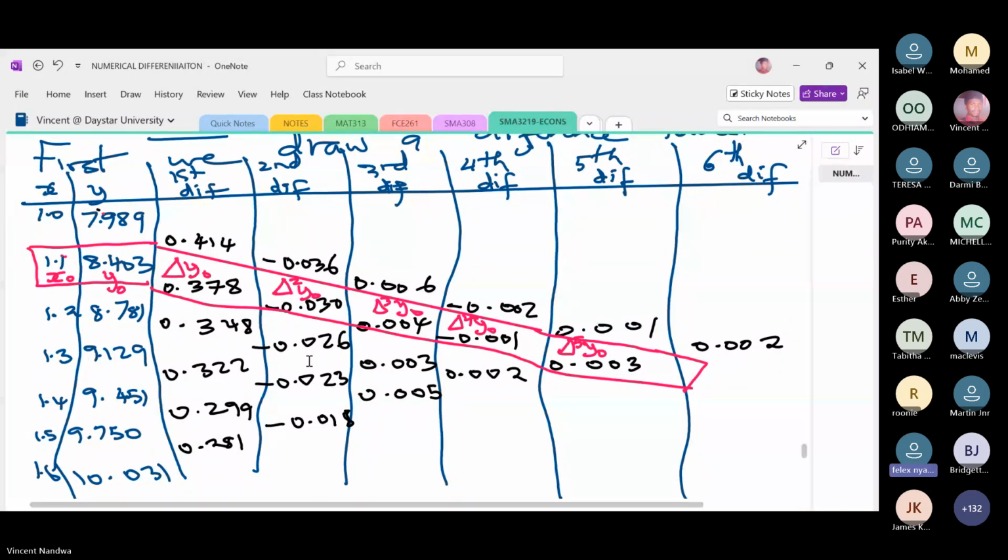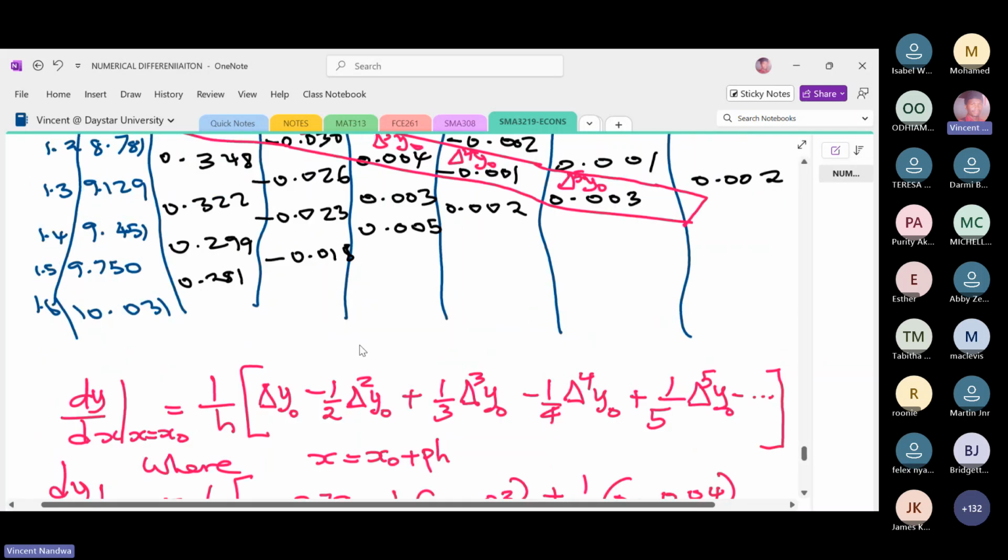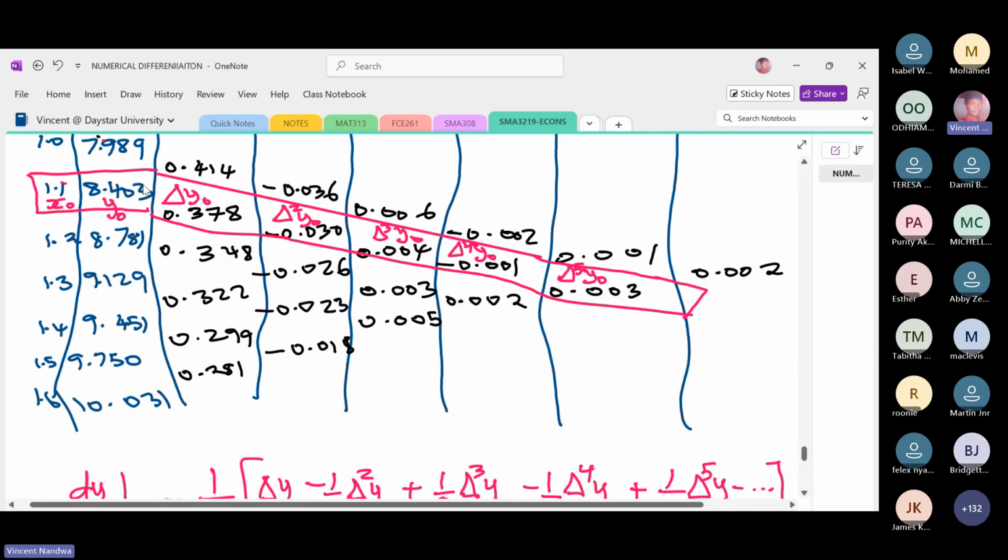Negative 0.030. Correct. So remember, it is good to write this diagonal when you're solving this kind of problem, and then assign the correct differences so that when you start applying the formula, you are just doing direct substitution.